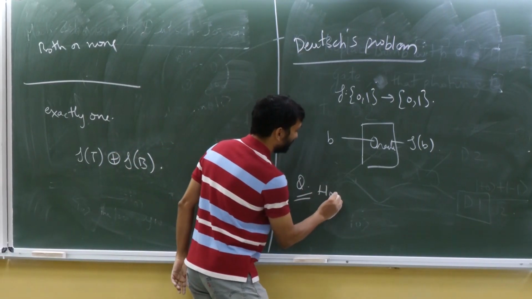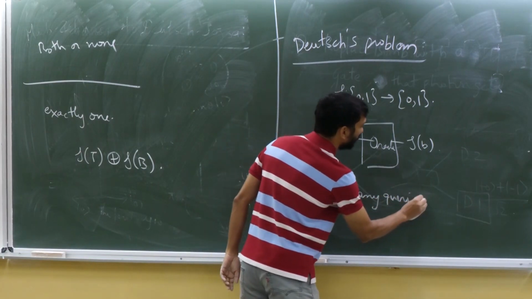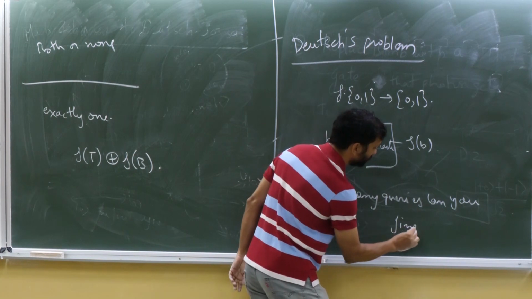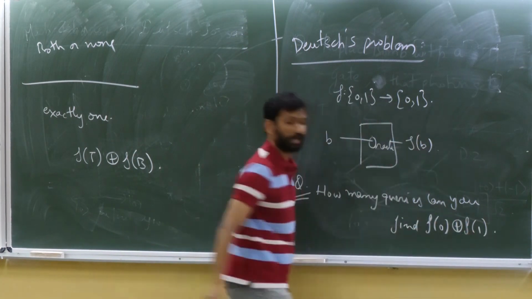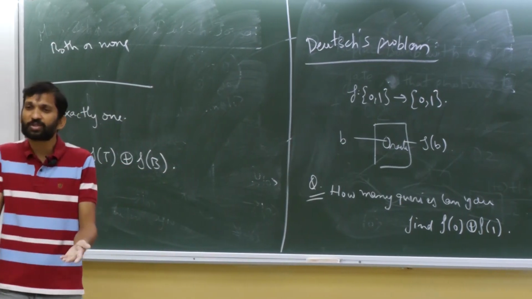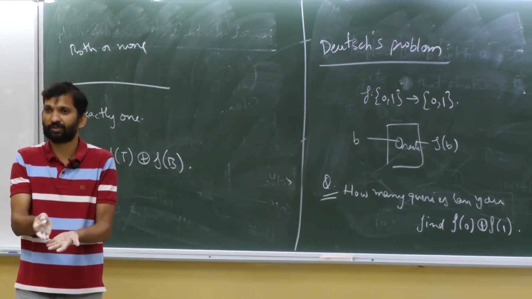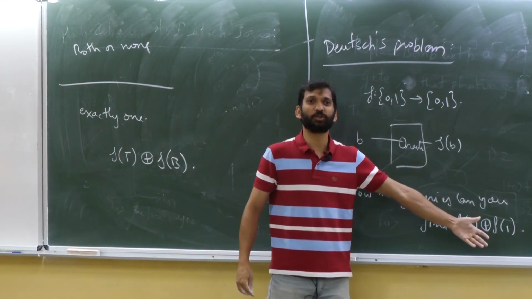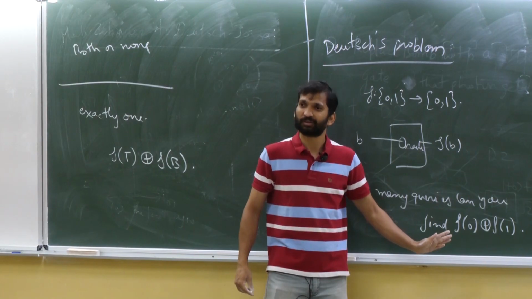Question is: in how many queries can you find f0 XOR f1? Or other way to say it, you have to find out whether f0 is equal to f1 or f0 not equal to f1. That's same as finding its parity, right? If parity is 0, that means they are same. If the parity is 1, that means they are different.